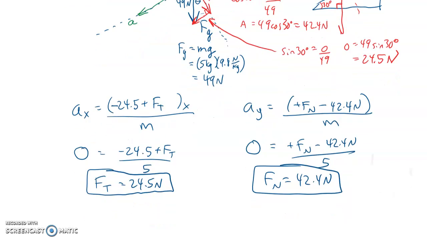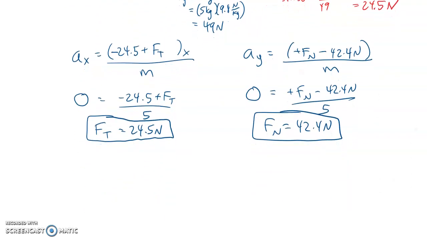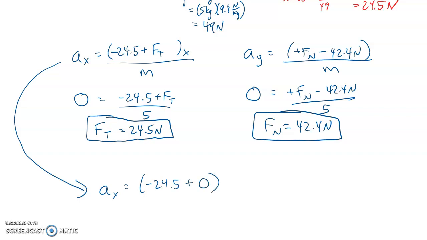Okay, how about if we cut the string? What is the acceleration going to be? Well, I can use the exact same equation here, except now I'm trying to find an unknown acceleration. The x component is still negative 24.5, but if I cut the string, there's no tension, or you can say that the tension is 0. We still have 5 kilograms over here.